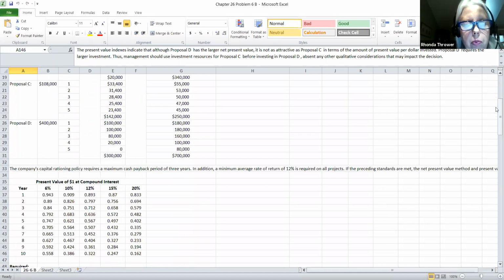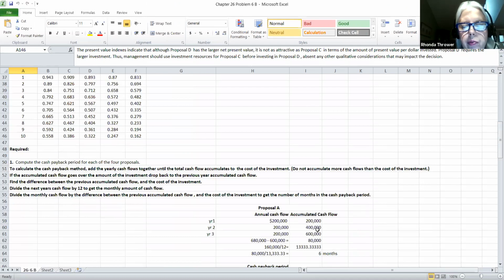Look at your steps. We found the accumulated cash flow at the end of year 3 is $600,000. Now we want to find the difference between the cost of the investment, which was $680,000, and what we've accumulated in cash flow. That difference is $80,000.